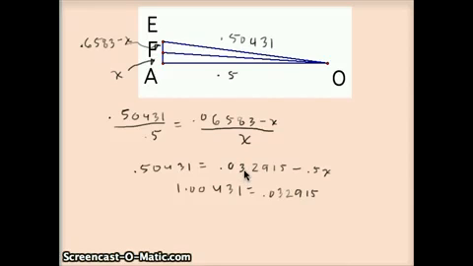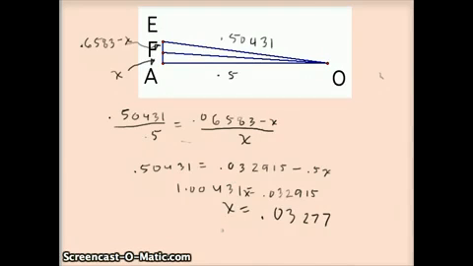I cross multiplied, moved the 0.5x over to the other side, and finally divided both sides by 1.00431 to get the value of AF to be 0.03277.